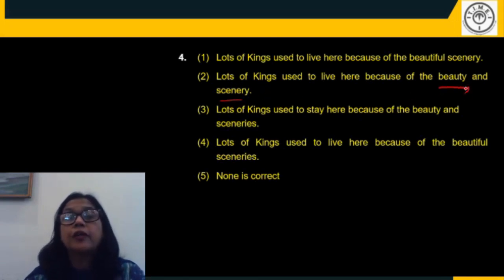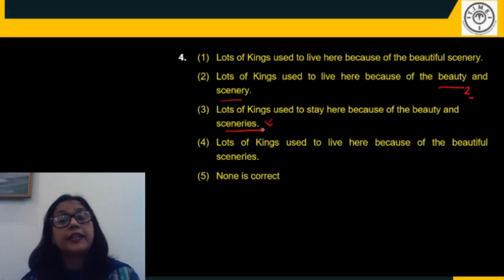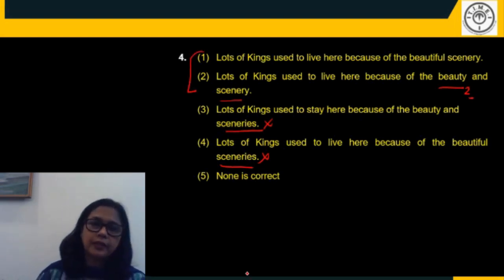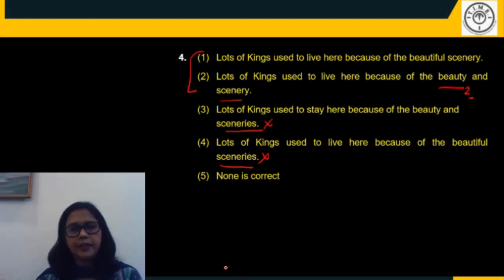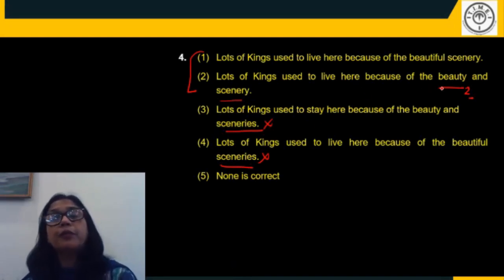Beauty of what? Okay. Lots of kings used to stay here because of the beauty and sceneries. Well, there is no word like sceneries. So these two are immediately ruled out. Now your comparison is only between the first and the second, so you have to choose one. So lots of kings used to live here because of the beauty and scenery.